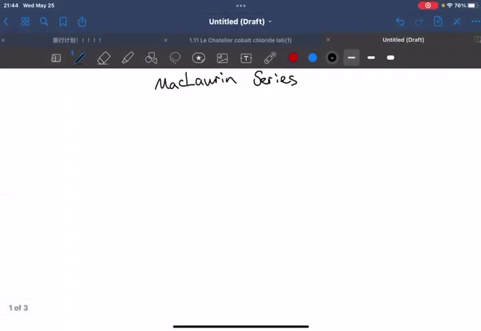So today I'll be introducing the Maclaurin series. The Maclaurin series is very similar to the Taylor polynomial. It's just a special case of the Taylor polynomial that uses 0 as our single point.